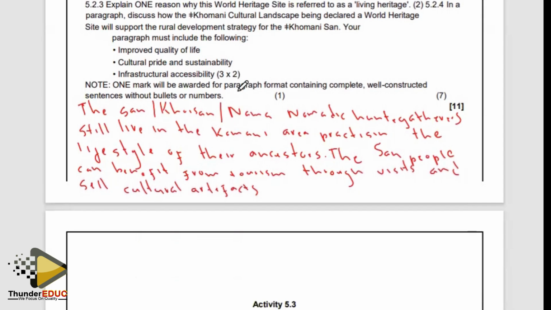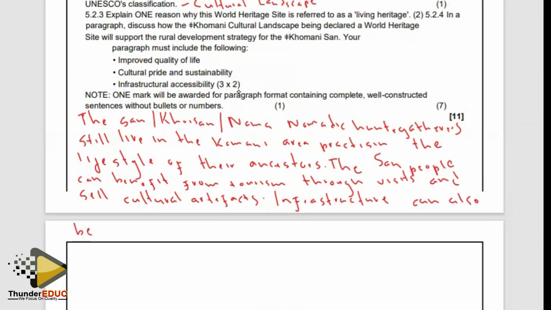And secondly, infrastructure can also be developed around their area.